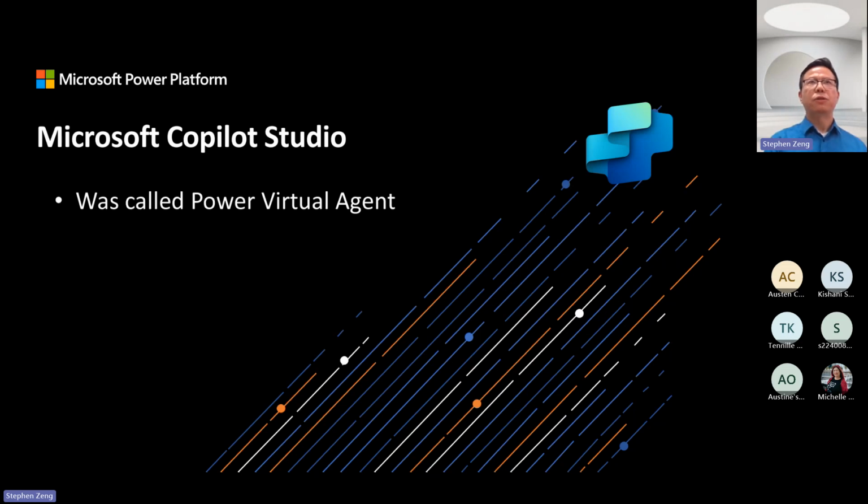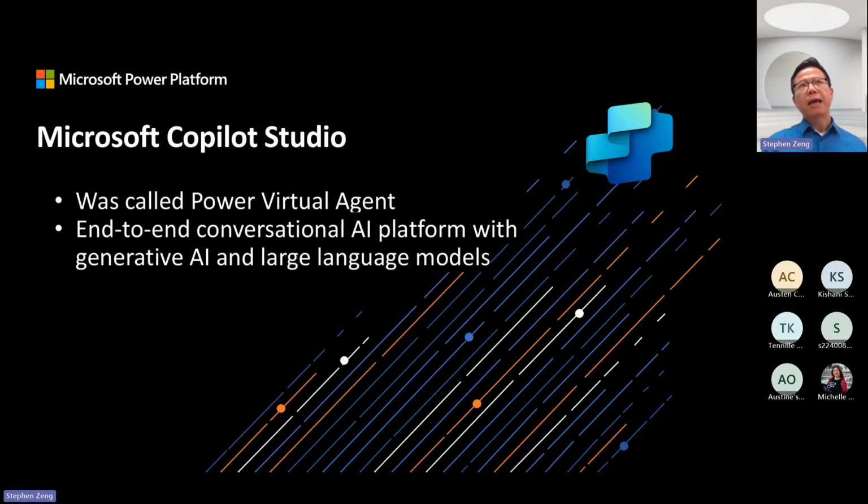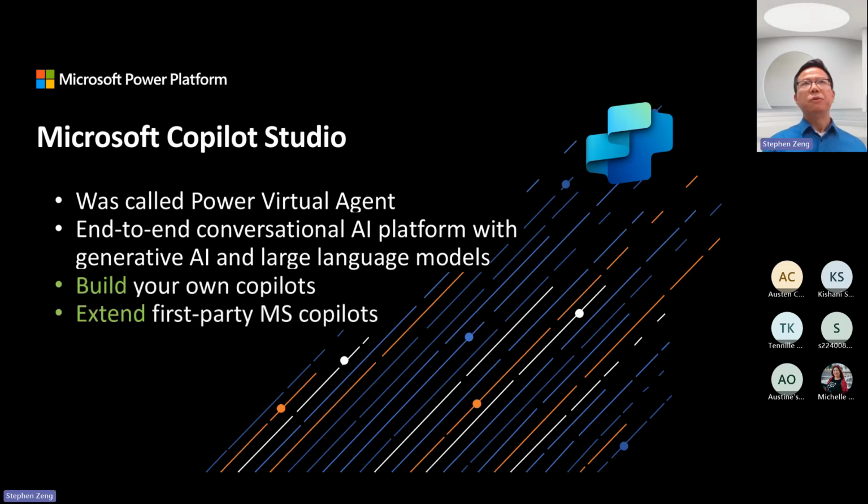Microsoft Copilot Studio was called Power Virtual Agents in Power Platform, but it's more than that now. It has a lot of AI capabilities added now, and it's renamed to Copilot Studio. It's basically an end-to-end conversational AI platform with generative AI and large language models. You can use Copilot Studio to build your own copilots or extend the first-party Microsoft copilots.